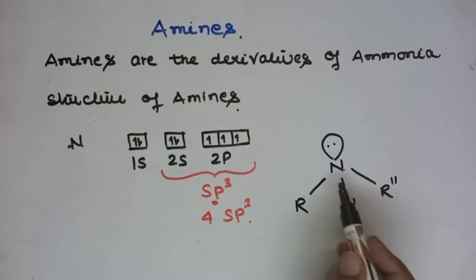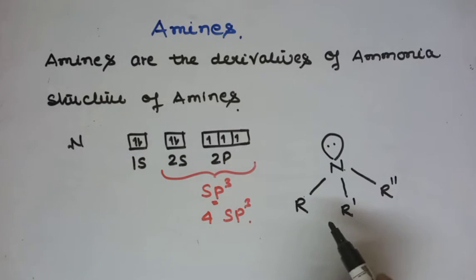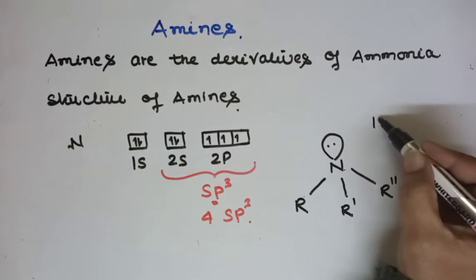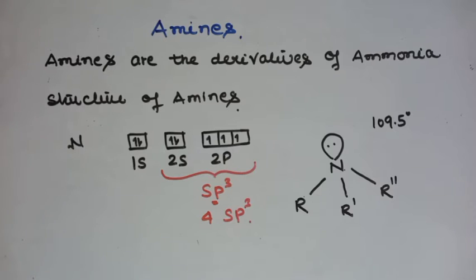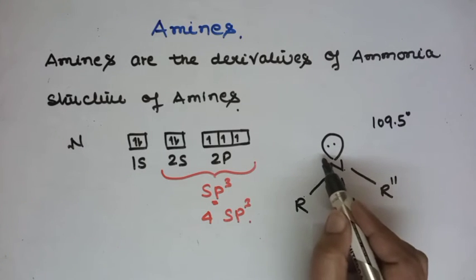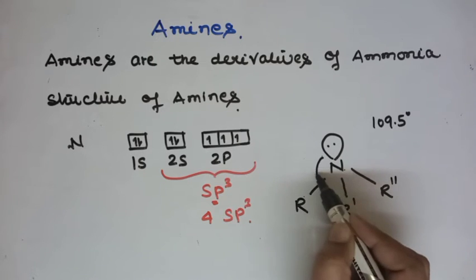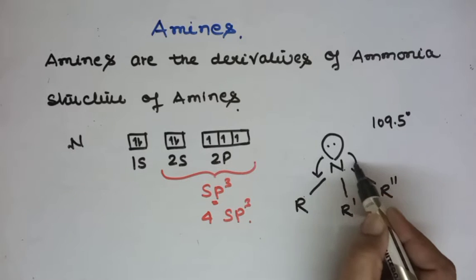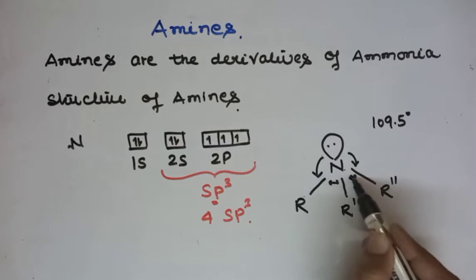Now, this sp3 hybridized nitrogen should have the bond angle of 109 degrees 28 minutes, or we simply call it 109.5 degrees. But you must have studied in 11th class in the VSEPR theory that the lone pair which is just lying over this nitrogen pushes the bond pairs more strongly than the bond pairs push each other.